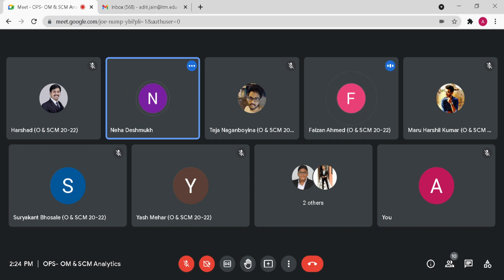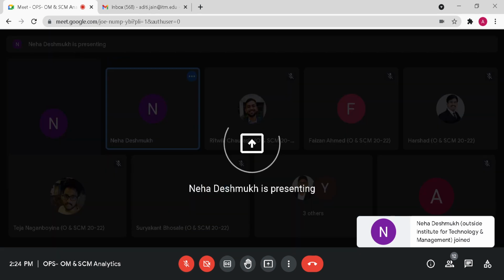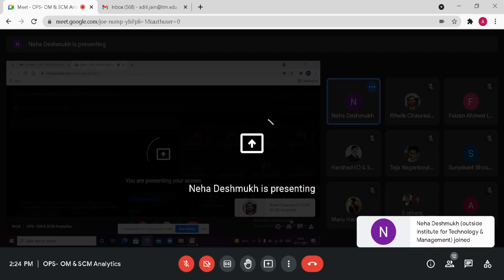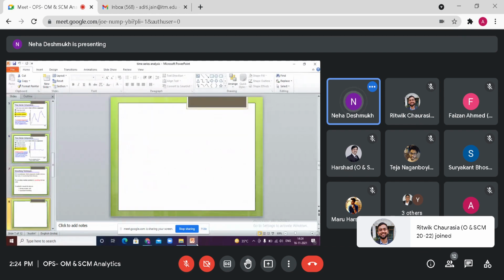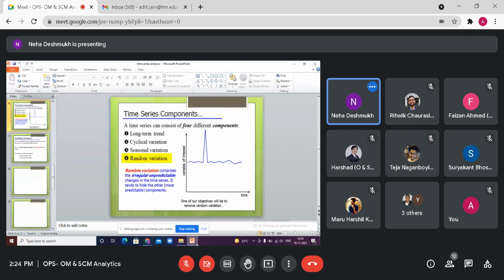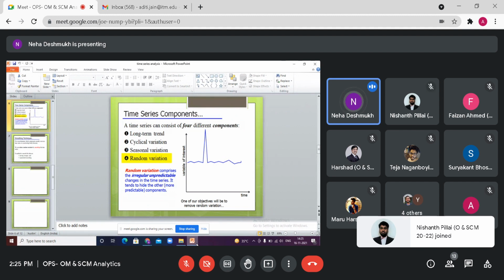We have discussed all this in variation analysis or forecasting. One smoothing technique is there, with the help of which we can check whether the data is smooth or not, or what the prediction will be for the next time period.